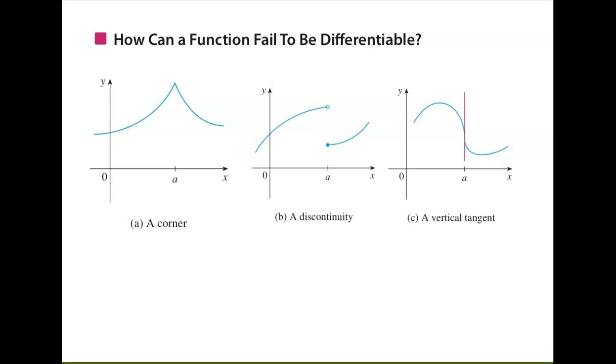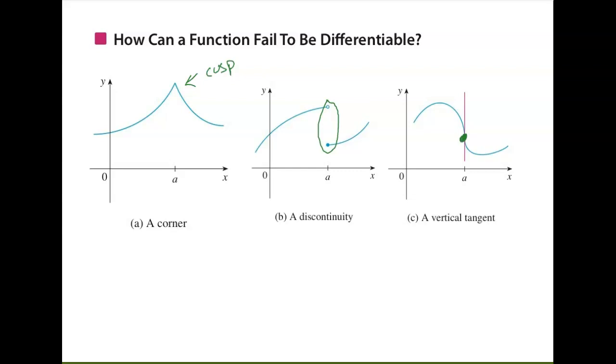If it fails to have local linearity, it will not be differentiable. So how can it fail to be differentiable? You could have a cusp. That's a cusp. Or a sharp corner, like the absolute value function. You could have a discontinuity, so a jump discontinuity. And the last thing, you could have a vertical tangent at a point and it would fail to be differentiable.